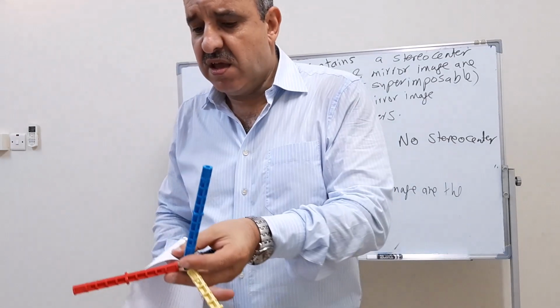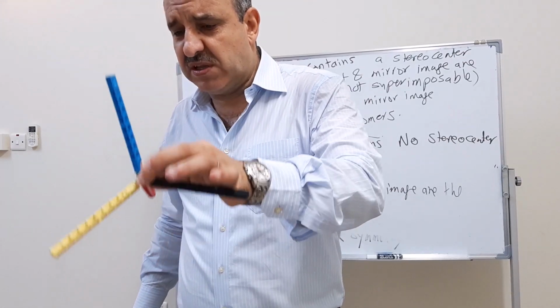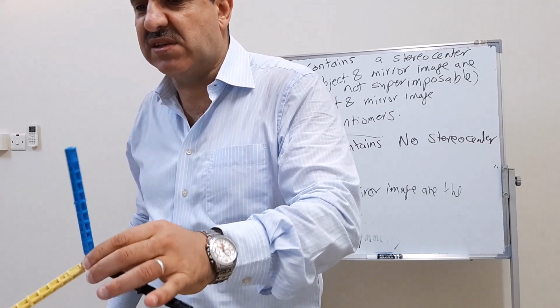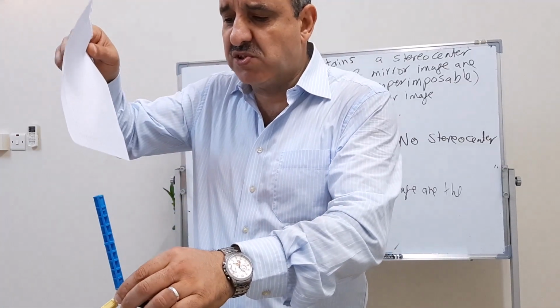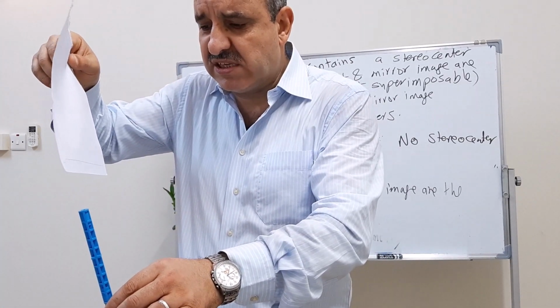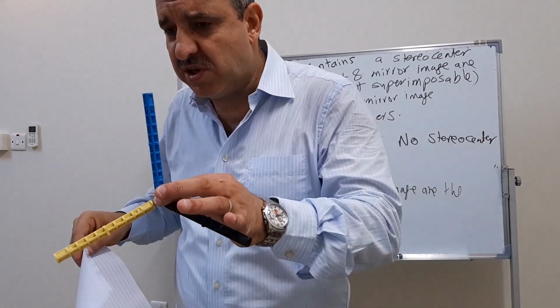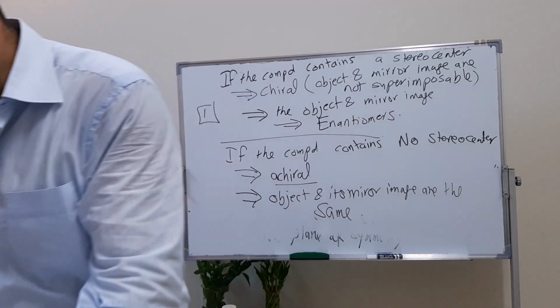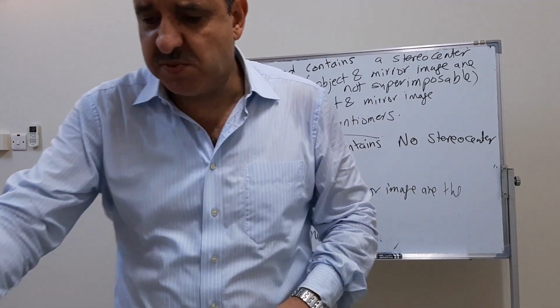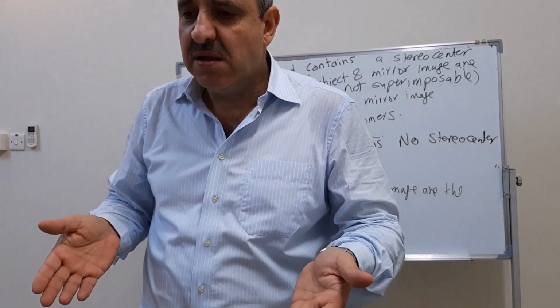Now here, because this compound is chiral, it will never possess a plane of symmetry, because wherever you try to pass this plane of symmetry through, it will never divide this molecule into two halves. So there is always a connection between chirality and the plane of symmetry.